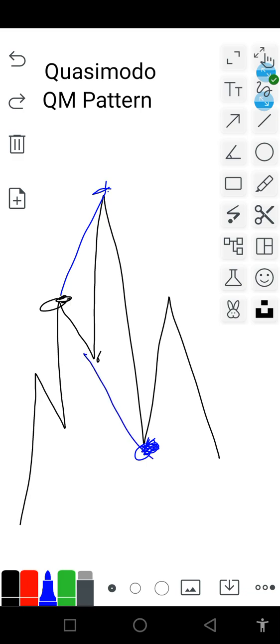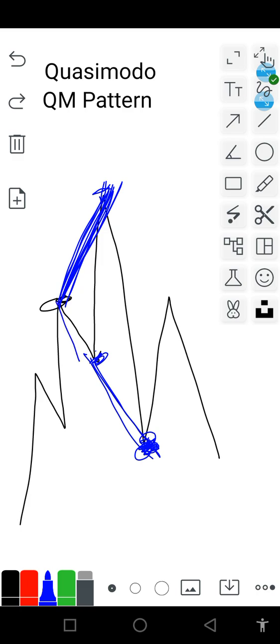So we join two higher highs. Then this higher low is going to be joined to this lower low.